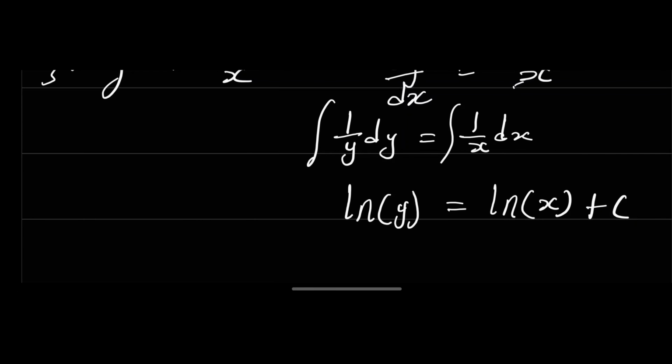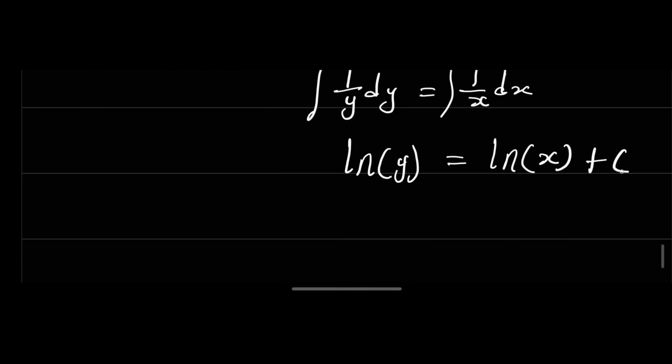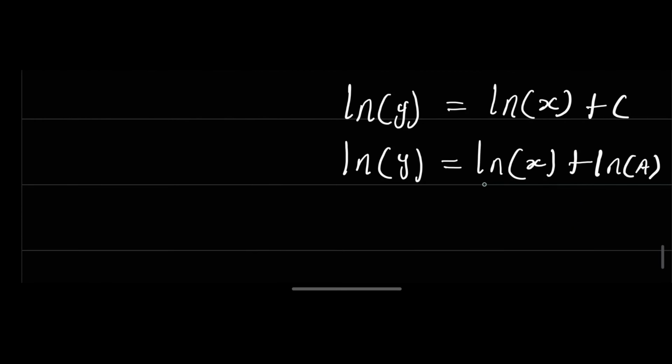plus the constant. Okay, well, if you want the constant to enter the natural log function, you could put it in a natural log as well. Okay, because the natural log of a constant is still going to be a constant. So natural log of y equal to natural log of x plus, let's say c is natural log of a constant called a, and you know that the sum of logs is the log of the product.